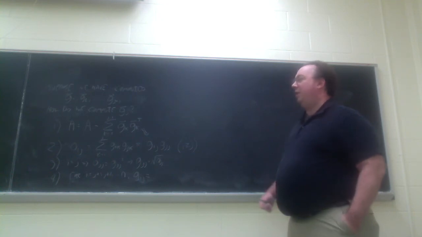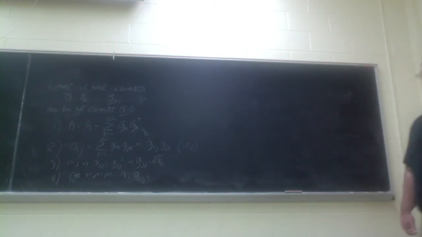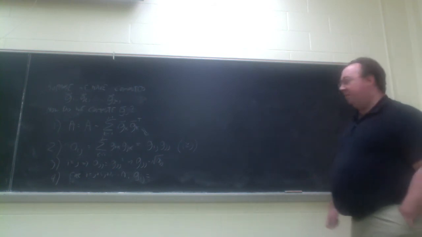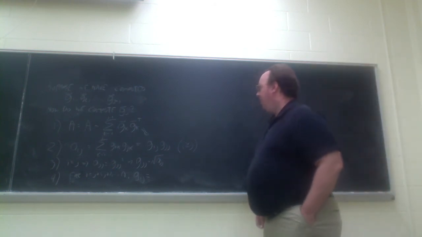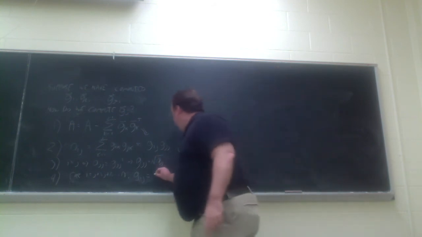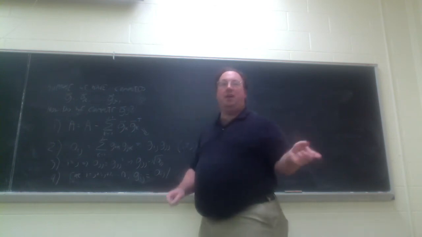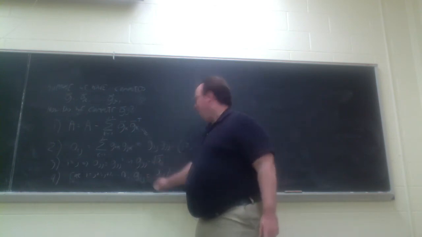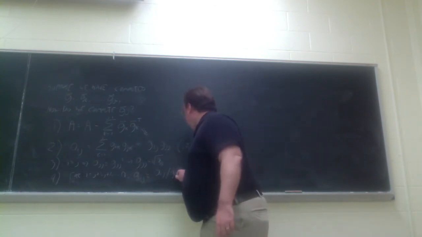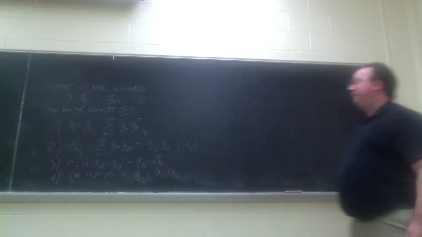Yeah, for I greater than J: Aij over the square root of AJJ. Yes, it's a square root, but now we know what that is. It's GJJ.